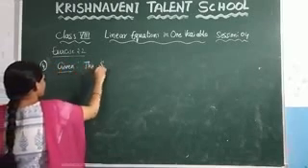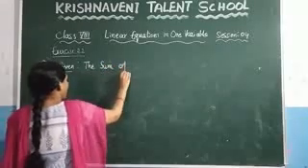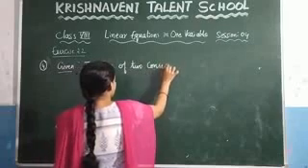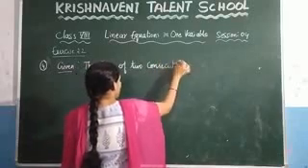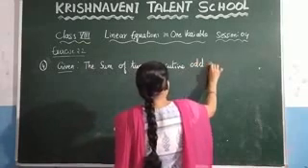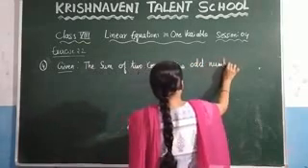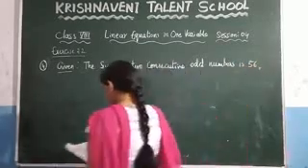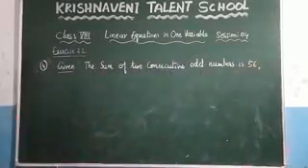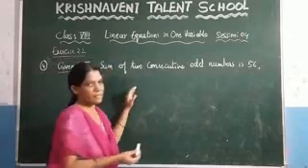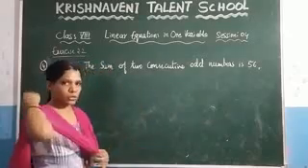The sum of the two consecutive odd numbers is 56. This is the condition they have given. You need to find what those numbers are.